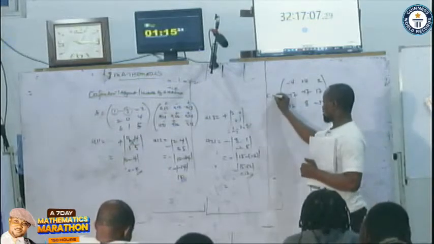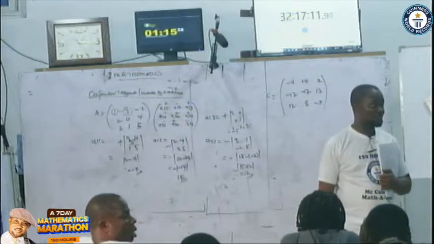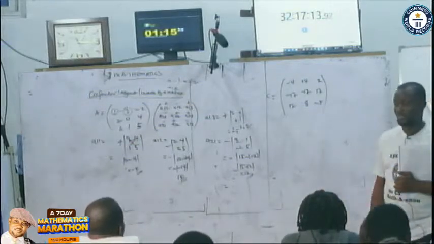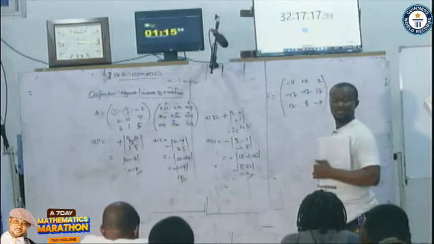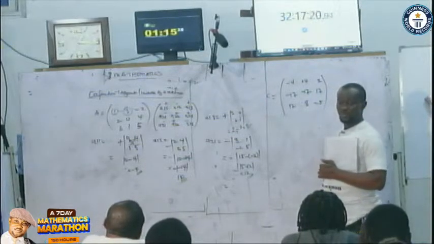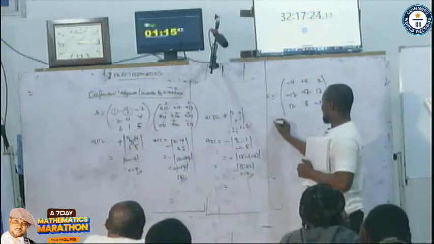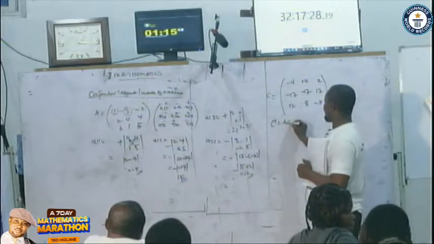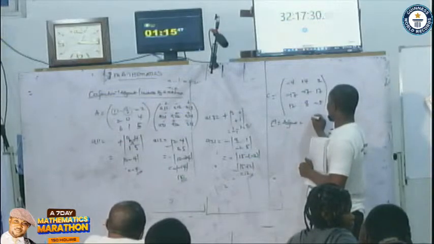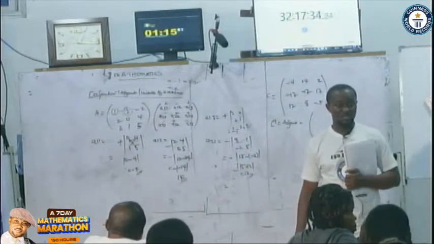Assuming what you guys are having here is correct, that is what we have to get as my cofactor. Then for me to get my adjoint, what I do is transpose it. So my C transpose equals adjoint, and transpose means take what belongs to the row to the column.